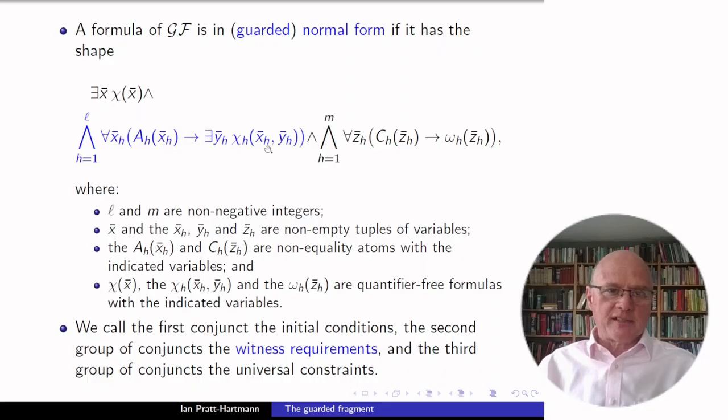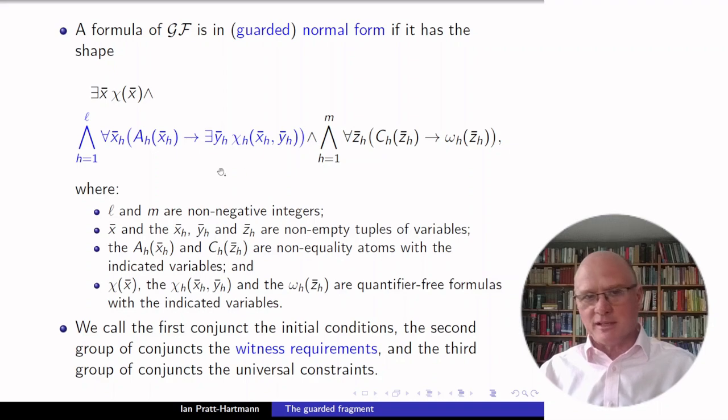Okay, so we've got an atomic formula, an existentially quantified formula, and the whole thing's universally quantified. So this is a nice guarded formula, and we have L of these. I'll call these things the witness requirements. So we've got initial conditions and witness requirements.